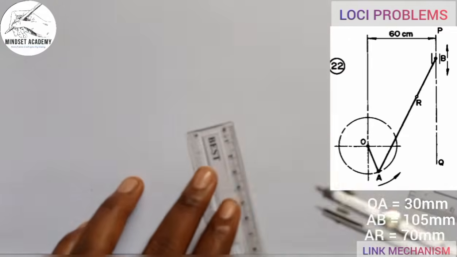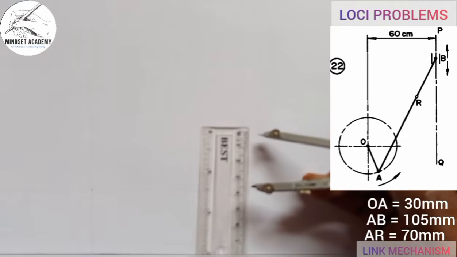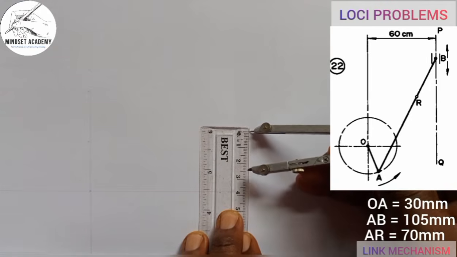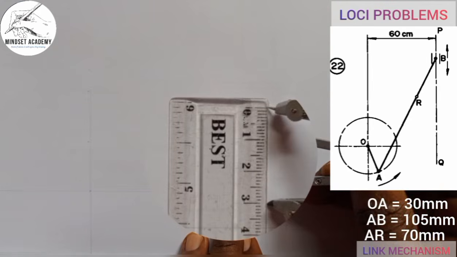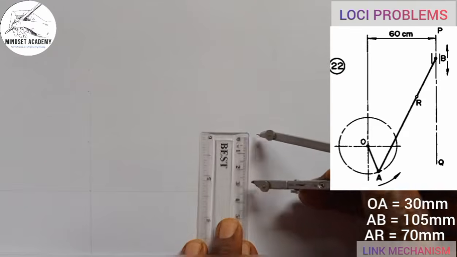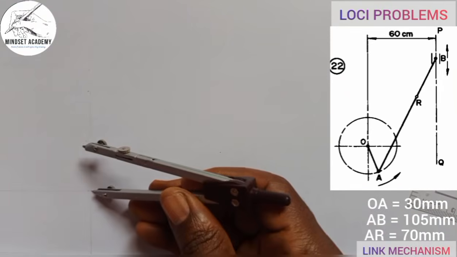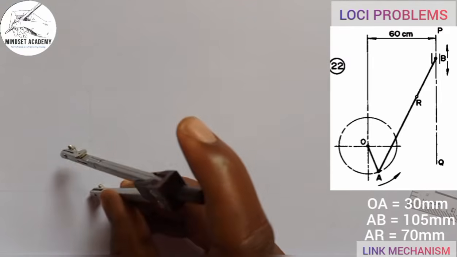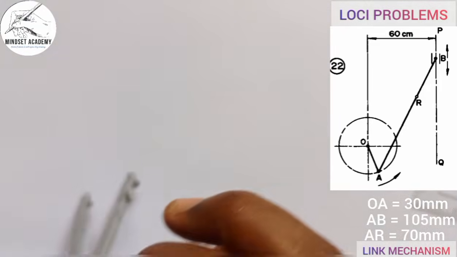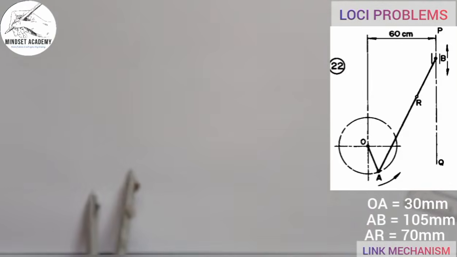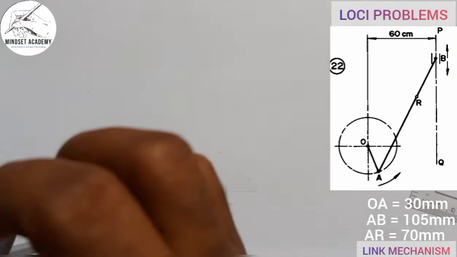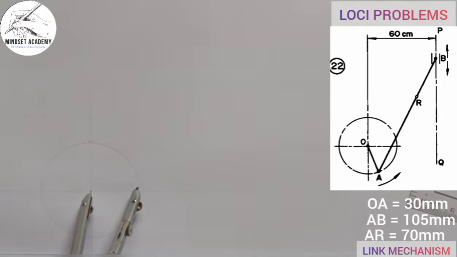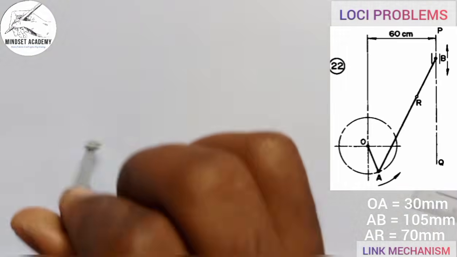So I'll just come here and I'll measure 30 here, right? From 0 to 3 is going to be 30. And I'll place it at the center point here. You can see that? So when I place it there, I will now draw the crank. I'll thicken it.